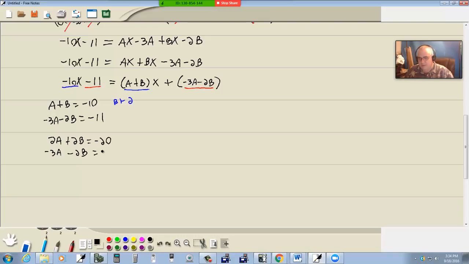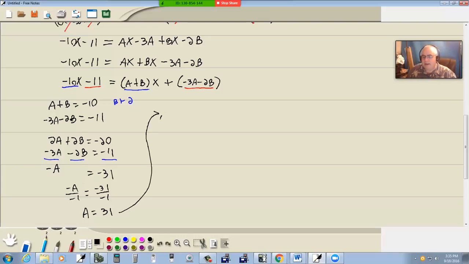And the second equation remains as is. Now we want to add those. 2A minus 3A is negative 1A or negative A. 2B minus 2B cancels. Negative 20, negative 11 is negative 31. Then I'll divide both sides by negative 1. And we get A is equal to 31.